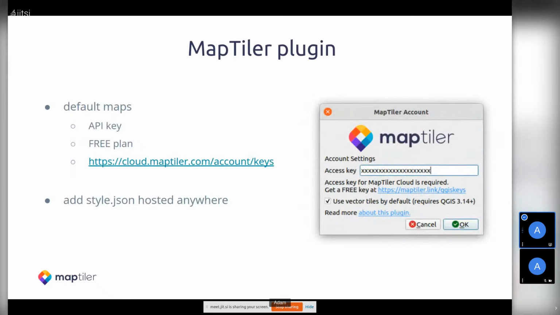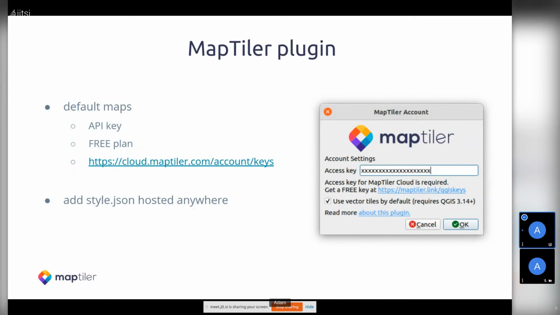The MapTiler plugin allows you to display vector tiles and style JSONs hosted anywhere, but by default it brings some predefined maps which are hosted on MapTiler Cloud. If you want to use your own style JSON and your own vector tiles, it's just fine to use the plugin as it is.